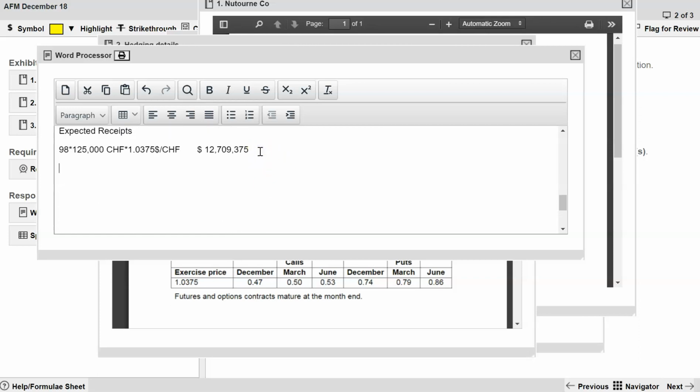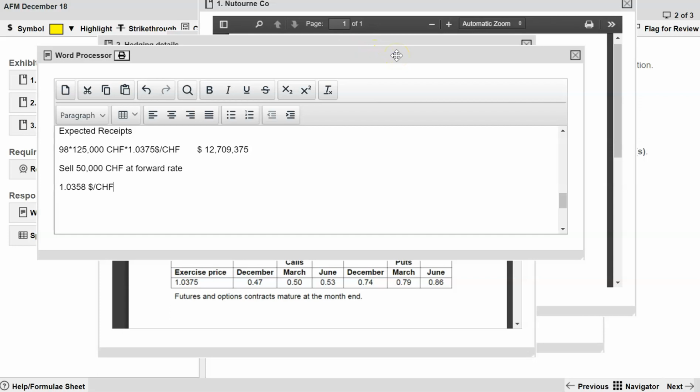But let's sell 50,000 CHF at the forward rate. What was the forward rate? 1.0358 dollar over CHF.